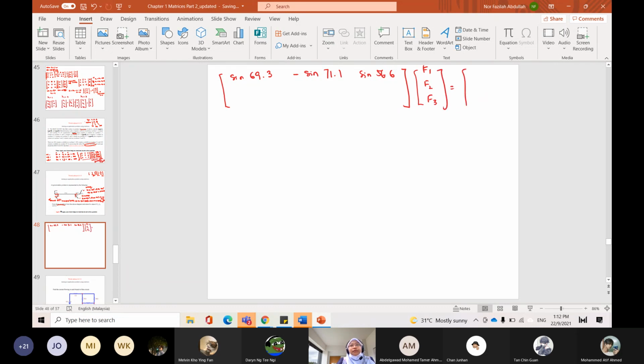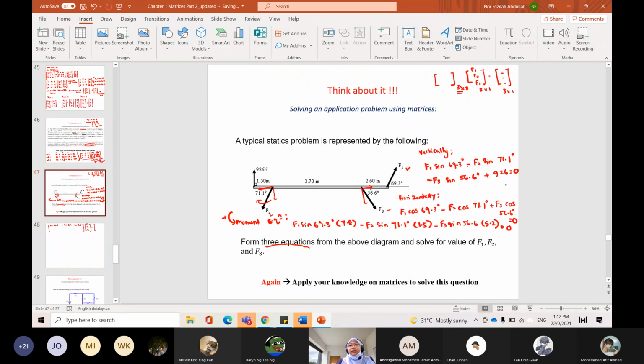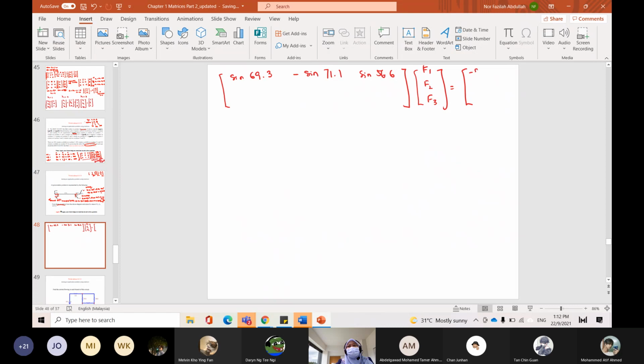Remember the first equation just now, you have the vertical one, which is equivalent to negative 9 to 6.